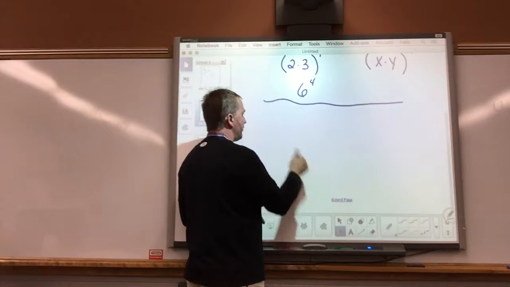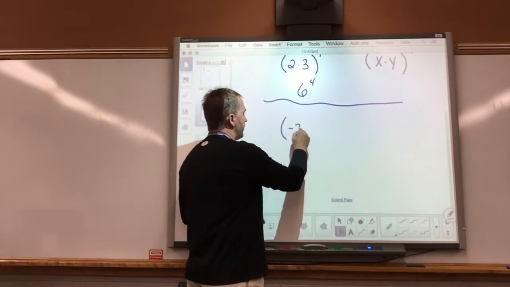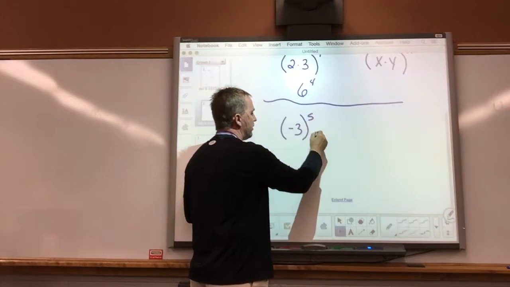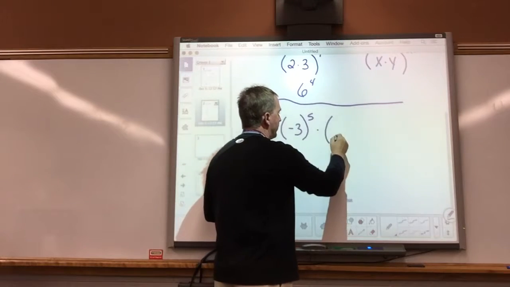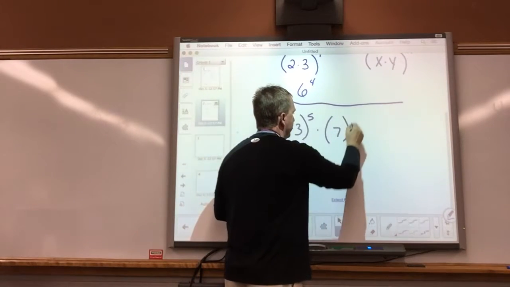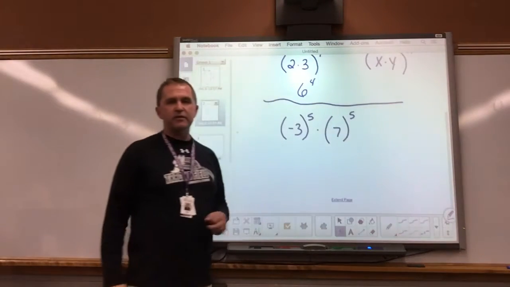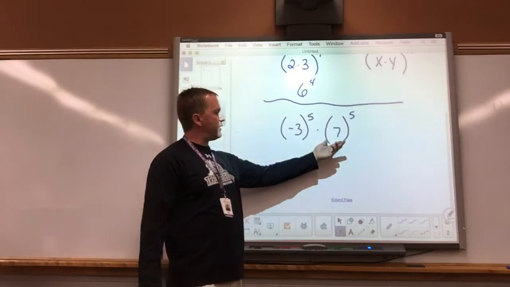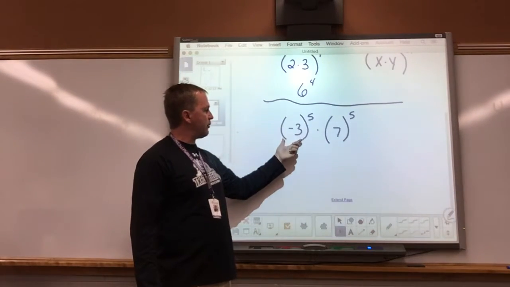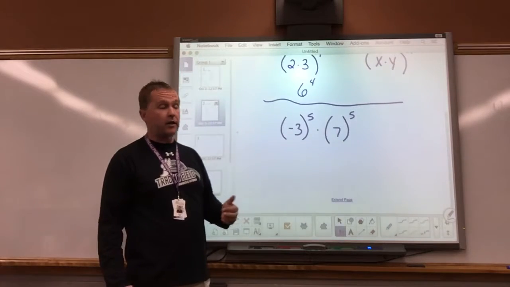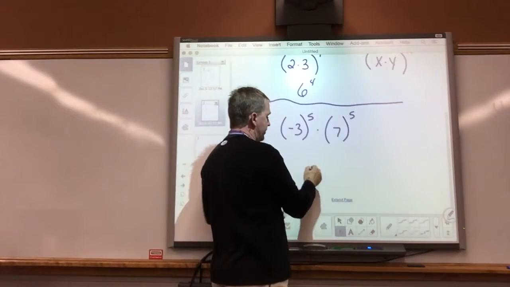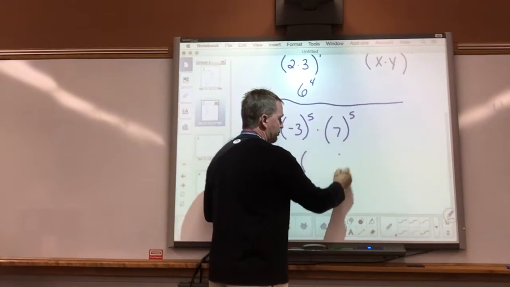So let's take something like (-3) to the 5th power, and let's multiply that by 7 to the 5th power. I've used parentheses in both cases. I wouldn't necessarily need it for the 7, but it's also making sure that I remember the parentheses include the negative. Common exponents here.